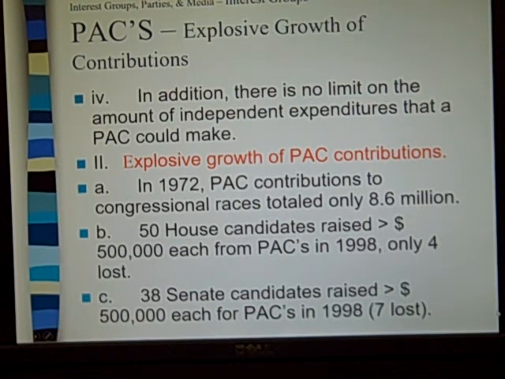PACs are going to focus on congressional campaigns, because they make up a much larger percentage of a congressional campaign budget. All right? That should hopefully make some sense to you, right? If Donald Trump comes to Texas, will people in Texas give him money? Yes. Right?